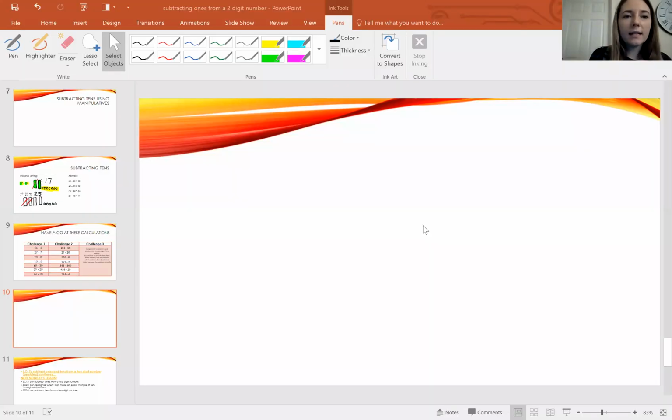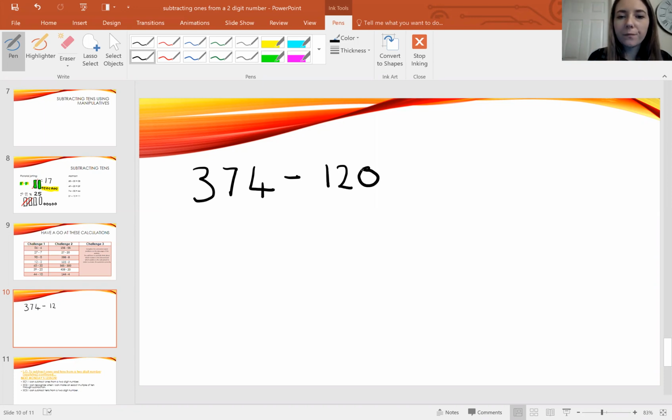Okay, let's have a look at how we might do that in a pictorial jotting. Okay, let's say we've got 374, take away 120. So I'm going to draw my hundreds first in my minuend. I'm going to draw my 300s.